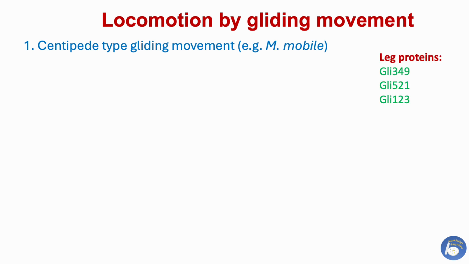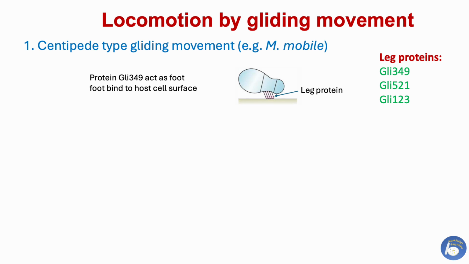On the cell surface, there are hundreds of tiny leg proteins, such as Gli349, Gli521, and Gli123, which help in movement. How does the centipede mechanism work? At first, the protein Gli349 acts as a foot that binds to sialic acid present on the host surface.